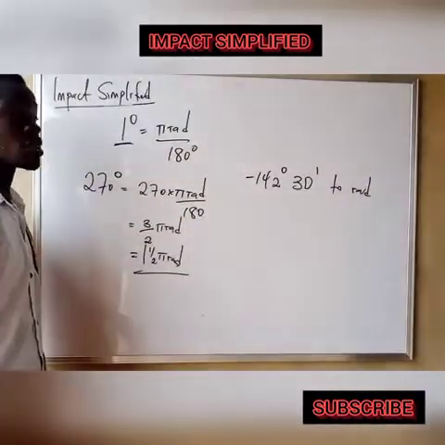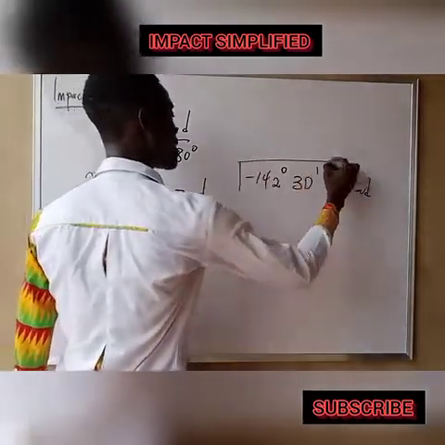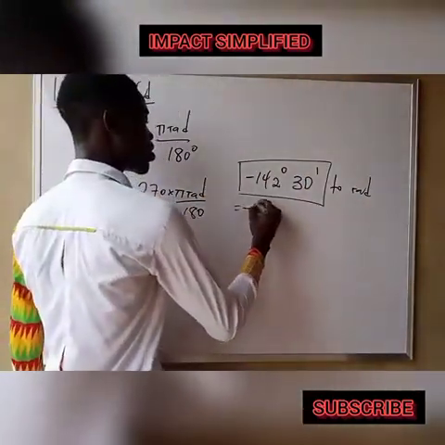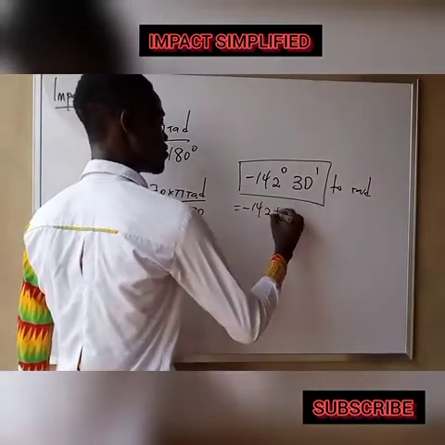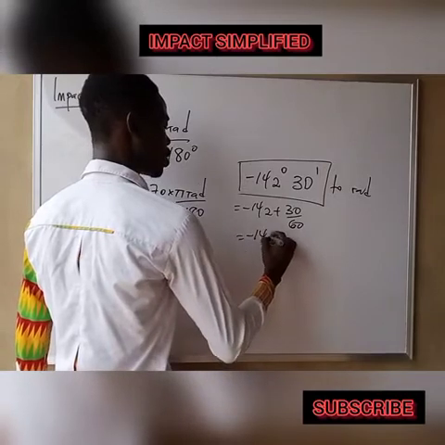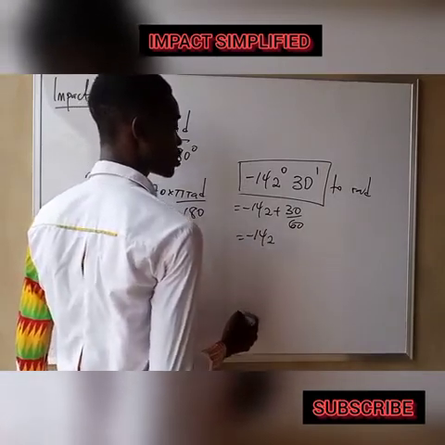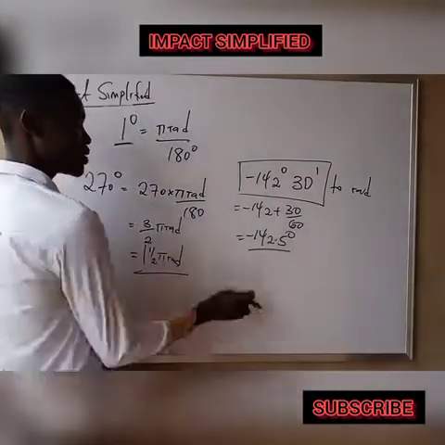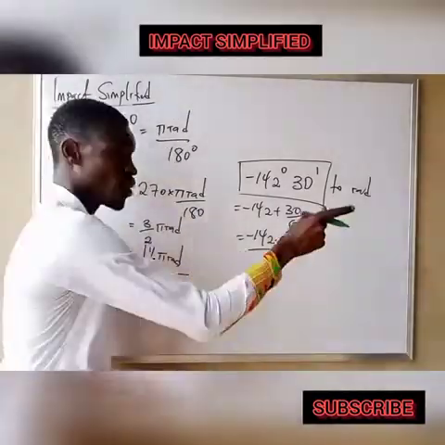Wow. So how can we solve this? That means we need to convert this to degree entirely. Minutes to degree, that means we are going to divide it by 60. And this will give us minus 142.5 degree.